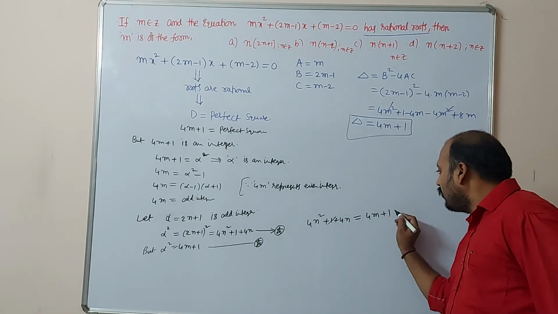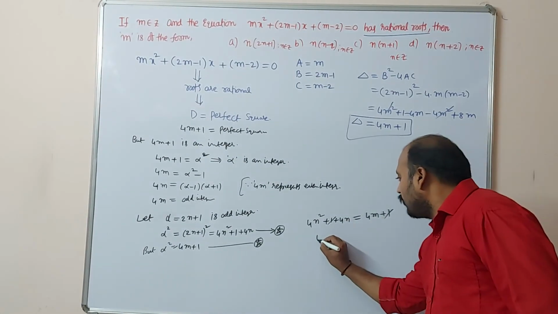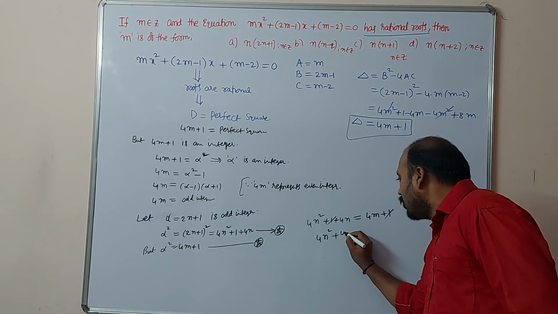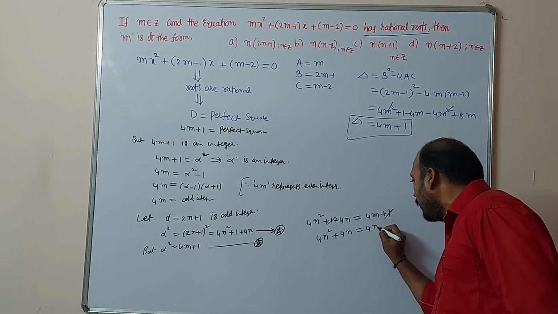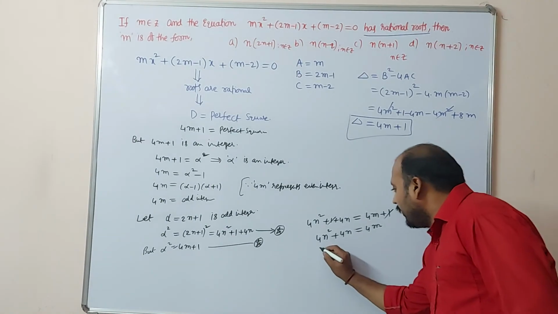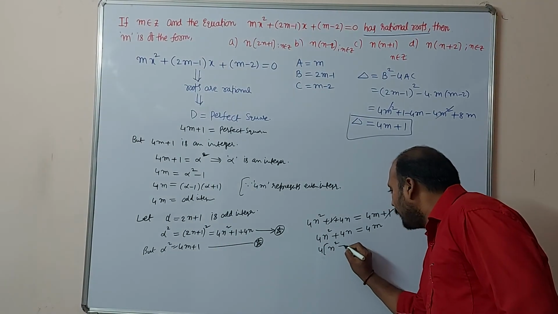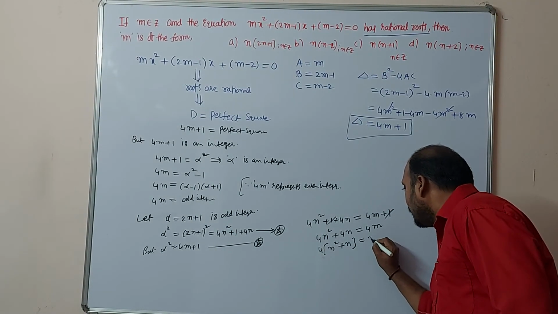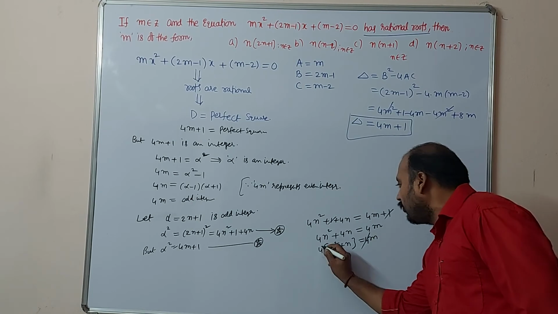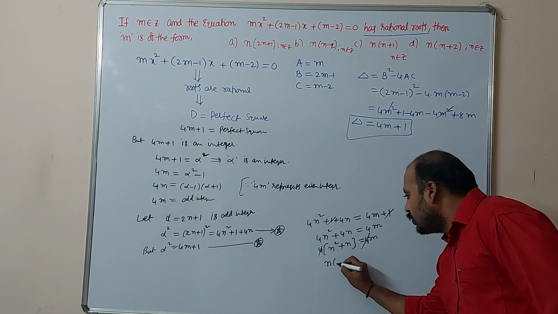Both sides 1 get cancelled. So 4n square plus 4n is equal to 4m. Take 4 common. n square plus n is equal to m. 4 get cancelled. Take n common here, n into n plus 1.